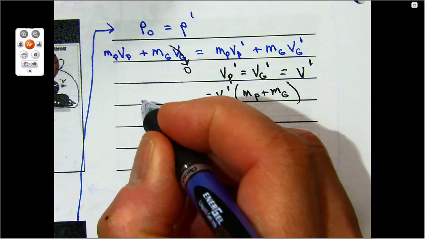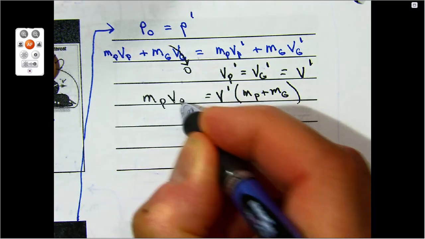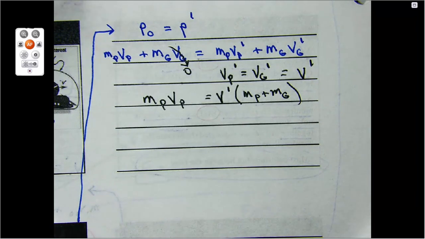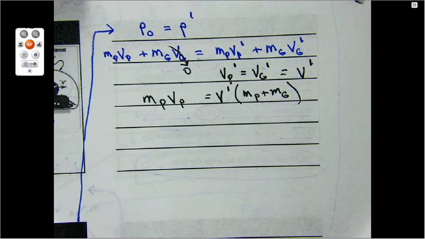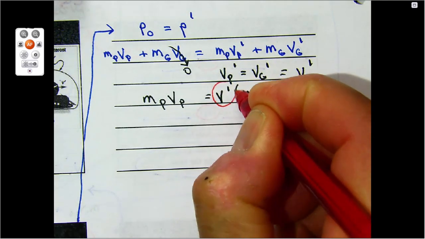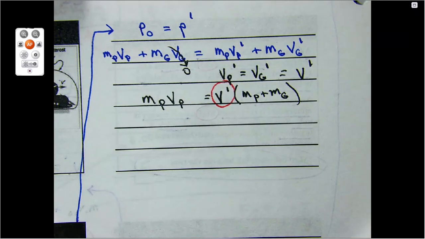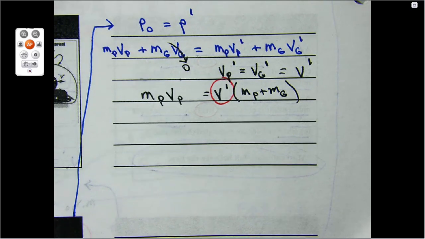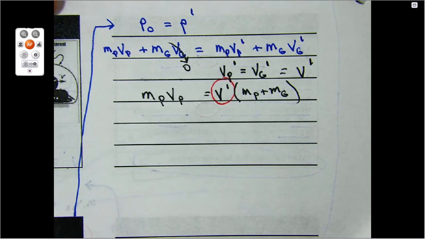So we have mass of the puck times velocity of the puck equals that, and we want this velocity. Because this is an inelastic collision, and last time we did elastic.